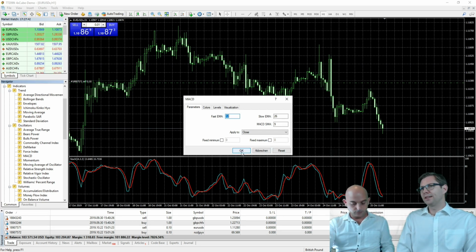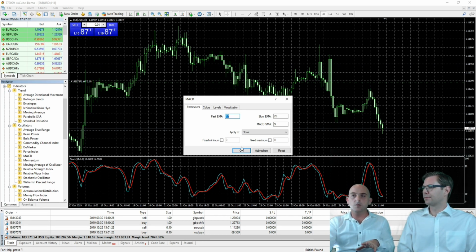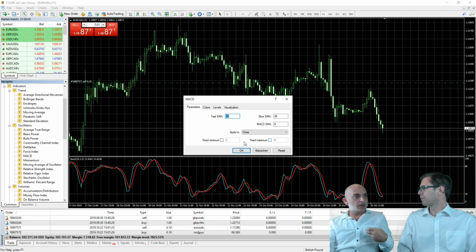And why can't I just use a 14-day moving average? I mean, if I have 26 minus 12. Well, no, it doesn't work like that. It's taking one moving average and another moving average and making a formula.